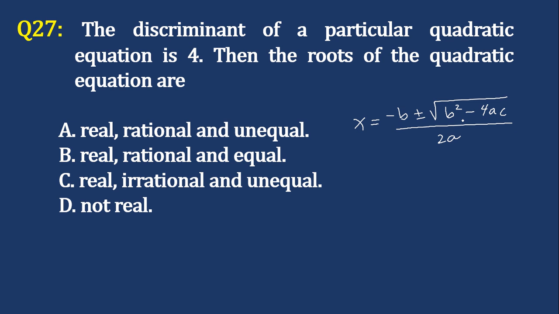Now, the expression under the radical, b squared minus 4ac, is what we call the discriminant of the quadratic equation. Let me circle that.